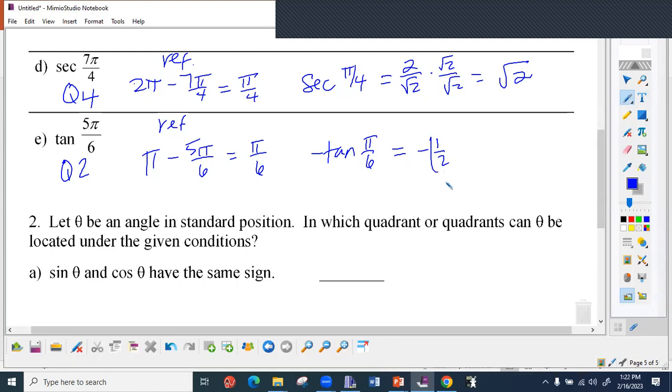And then therefore this is going to be multiplied by the reciprocal of 2 over the square root of 3. At the bottom of our notes, we wrote that when you're dividing, that means you're multiplying by the reciprocal. So y divided by x means y times the reciprocal. What happens to the 2's? They cancel. We're left with negative 1 over the square root of 3, which equals negative square root of 3 over 3.